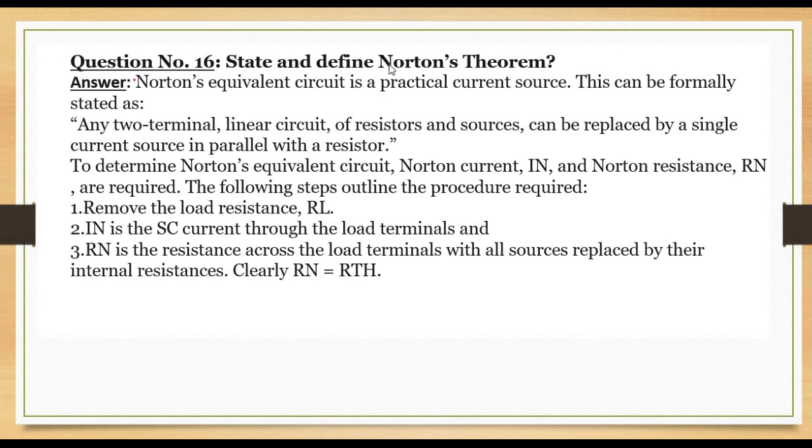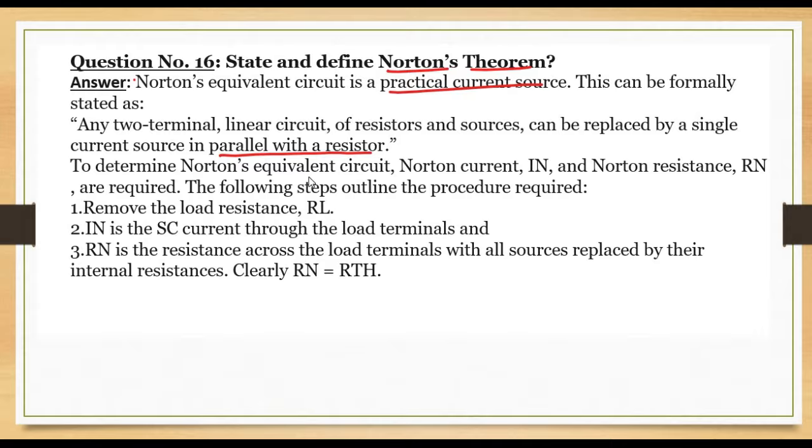Question number 16 is, state and define Norton's theorem. Norton's equivalent circuit is a practical current source. It can be stated as: any two-terminal linear circuit of resistors and sources can be replaced by a single current source in parallel with a resistor.